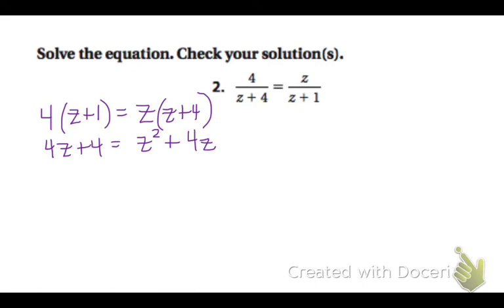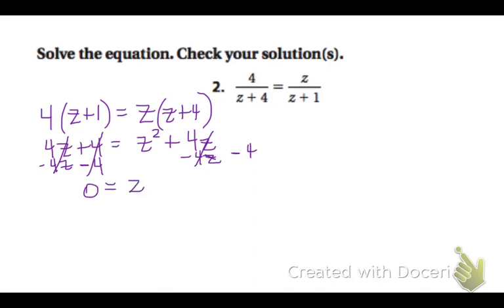So now it looks like we're going to have a quadratic, so we're going to want to move everything from the left over to the right, because we'll subtract the 4z, right? It actually will cancel here, and it will cancel here. We want to also subtract the 4, okay, so that it will cancel here, and we will be left with 0 equals.